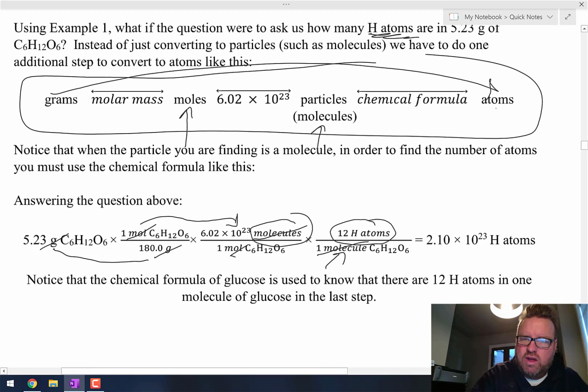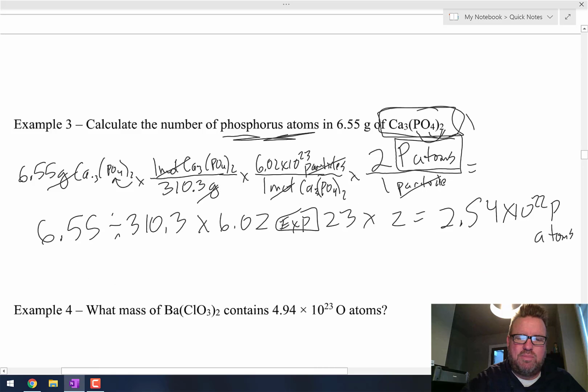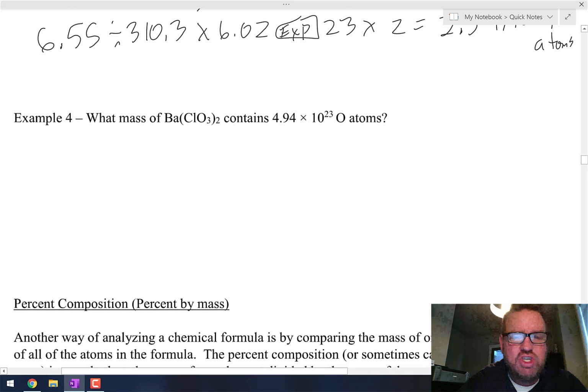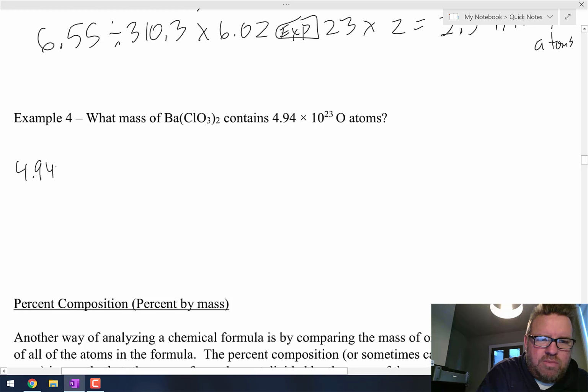Of course, what we can also do is we can go from atoms all the way back to grams. And that's what example number 4 is. I would strongly recommend that you stop at this point. We're starting at atoms. We have to get to grams. Okay, stop the video right now and see if you can do this one yourself. And then come back and check and see if your answer matches mine. So I'm going to start with 4 point, the only number they give me, right?